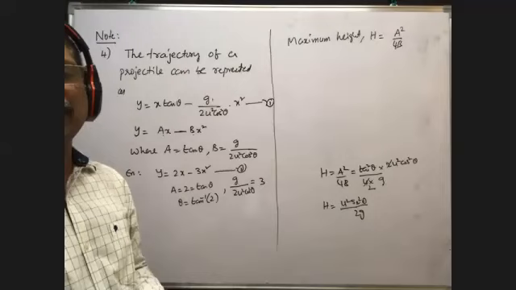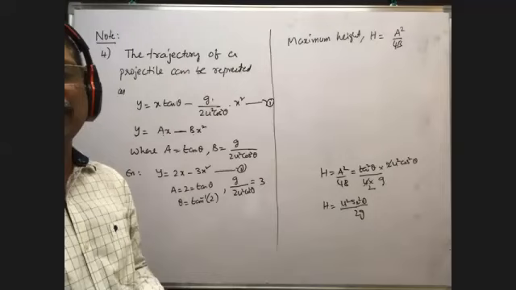As x tan theta is taken common, we get 1 minus g by 2u square cos square theta into 1 by x tan theta into the existing x square. As we have taken x tan theta common, we multiply and divide by x tan theta so that the value does not change. Now this is equal to x tan theta into 1 minus, here x square cancels.